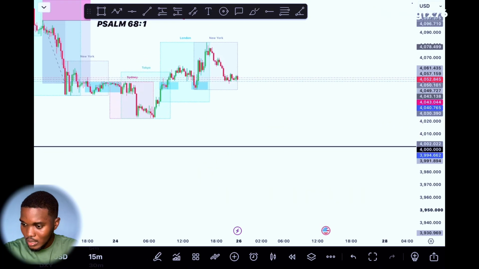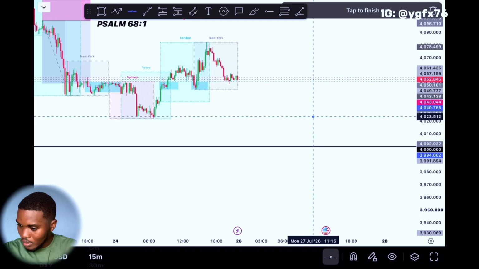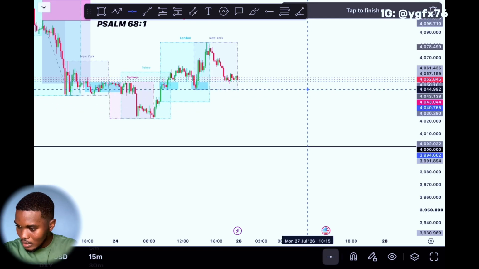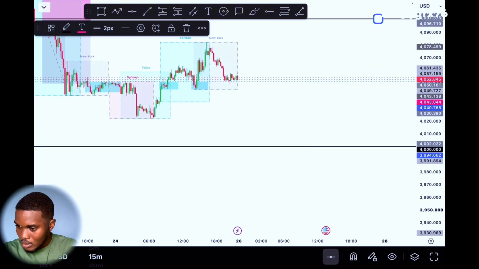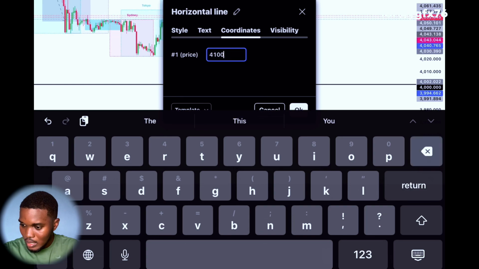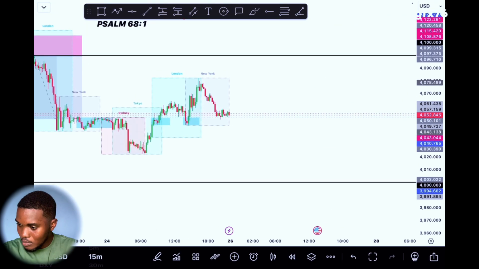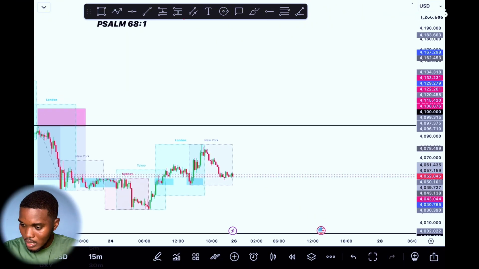Okay, and then another one, 4,100. That will be around here. So these are like the major psych levels. These ones, they are 1000 pips apart or 100 points apart, if I'm not mistaken.